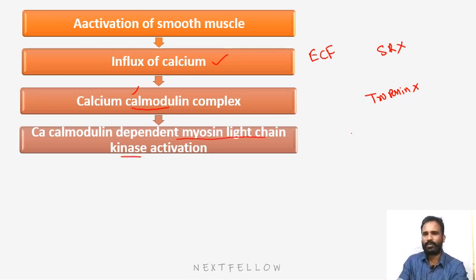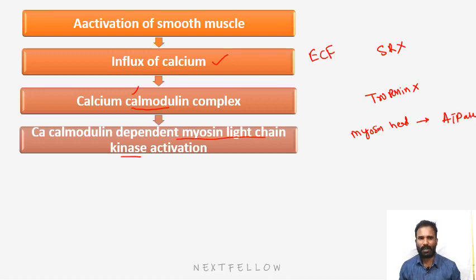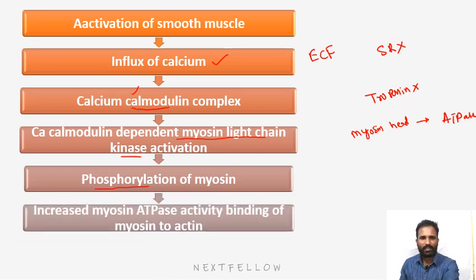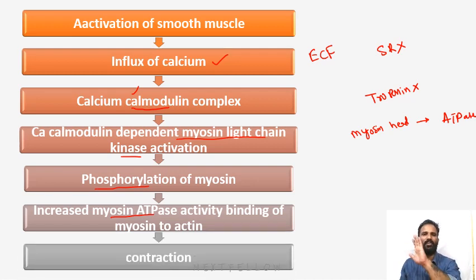Usually the myosin head has inbuilt ATPase in skeletal muscle, but here it must be activated by myosin light chain kinase. So phosphorylation of myosin will occur, and once this phosphorylation occurs, myosin ATPase is activated. Then cross bridge formation occurs and then contraction occurs.